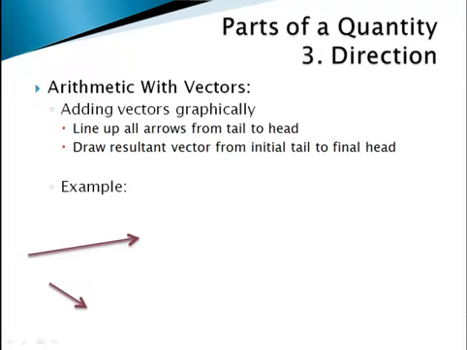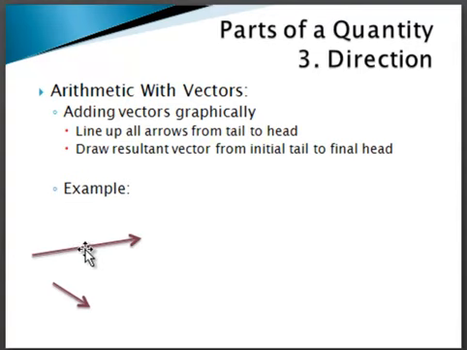Now, since vectors are probably what is most unfamiliar to us, we're going to do a couple of different examples of how you can do arithmetic with vectors. One of the simplest things you can do is to just draw a quick little picture. If you don't need a specific number, you can add vectors simply by drawing them end to end.